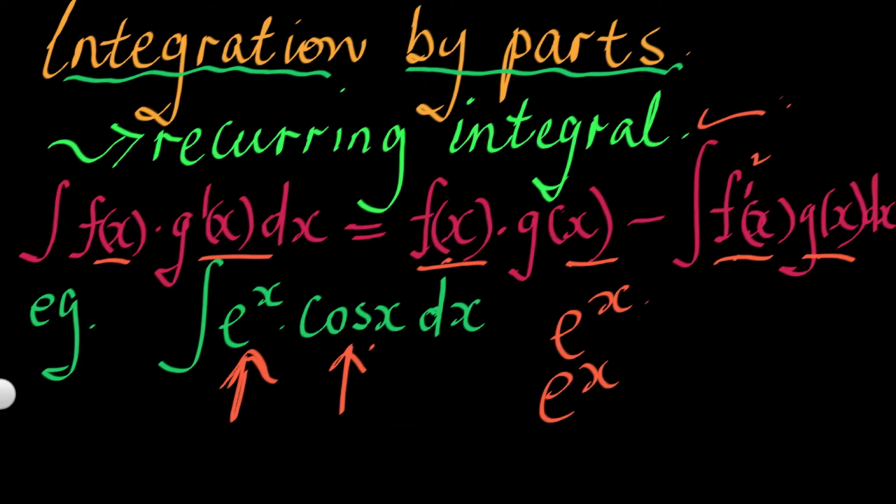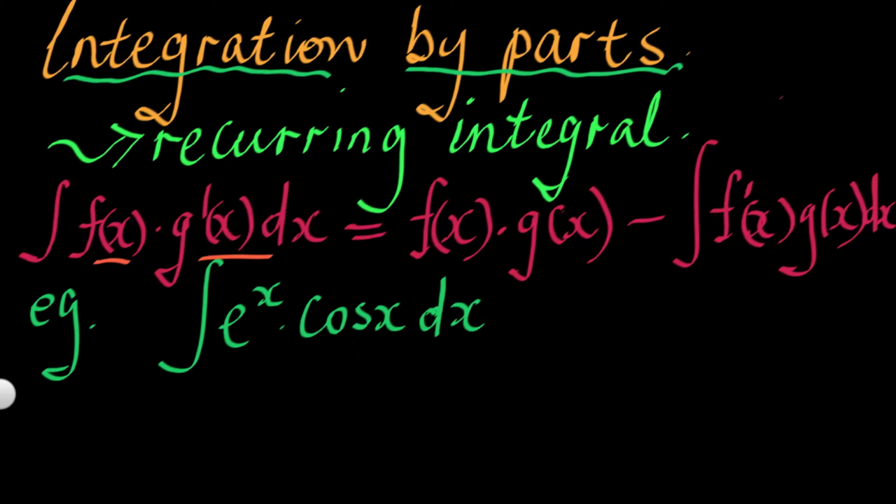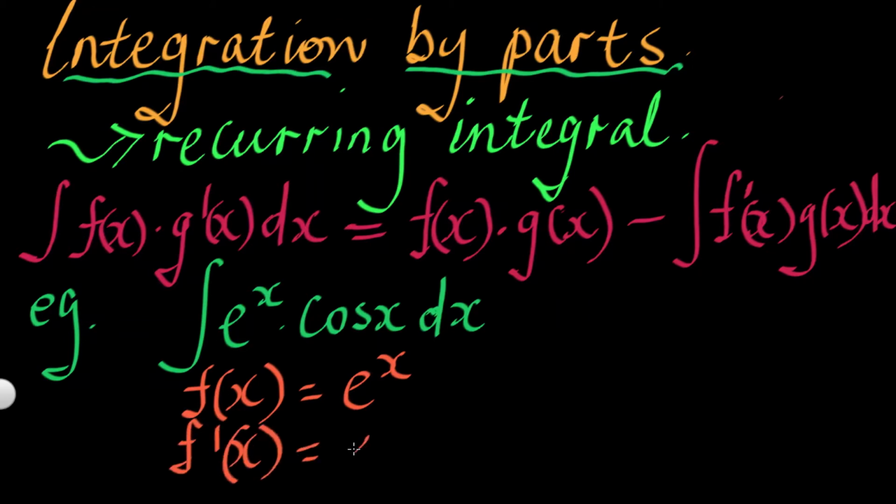So let's start. I'm going to choose e to the power x as my f of x. So f of x is equal to e to the power x. This means f prime of x is e to the power x.